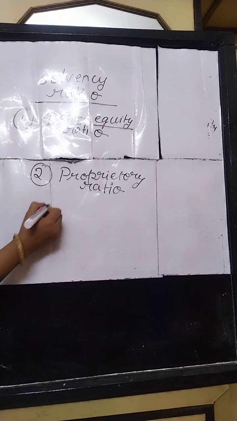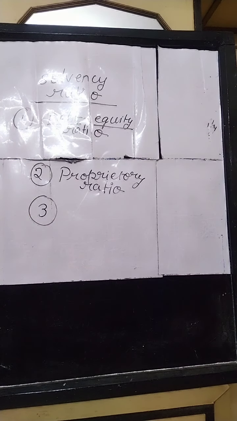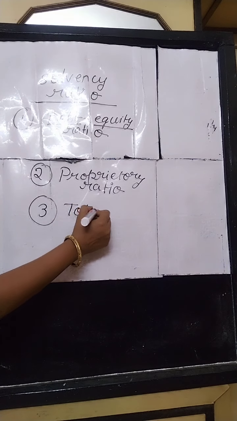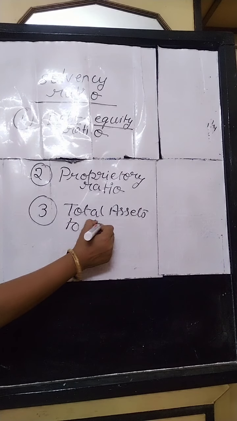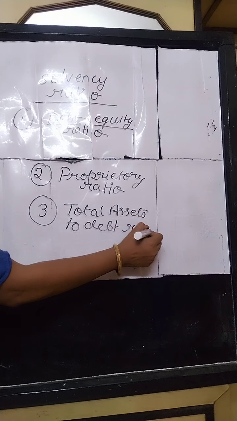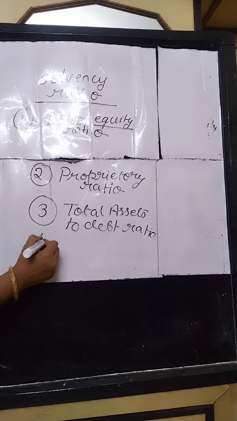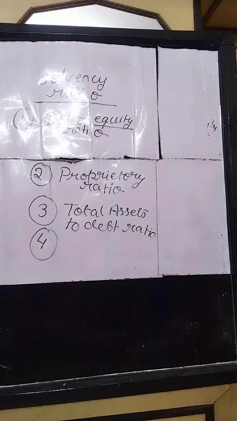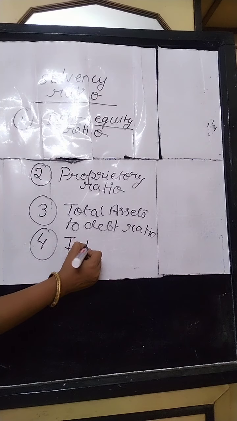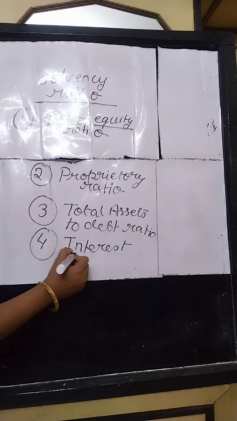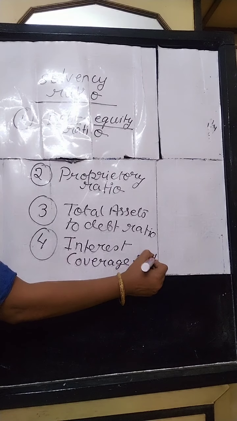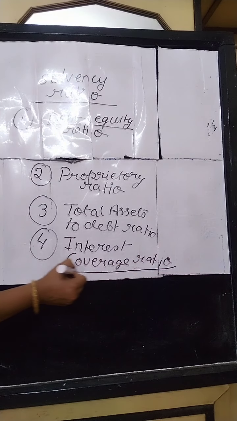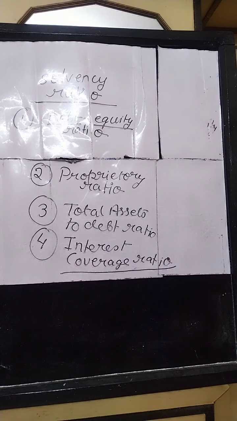Number three is total assets to debt ratio. Number four is interest coverage ratio.